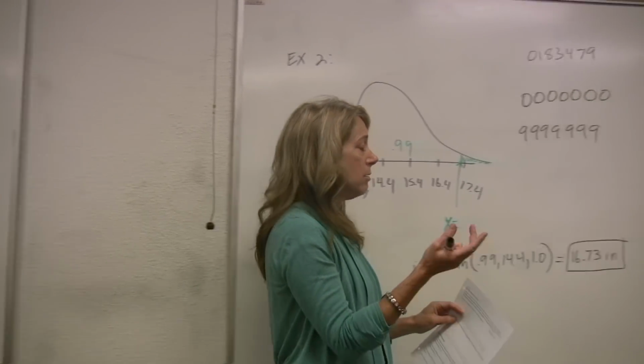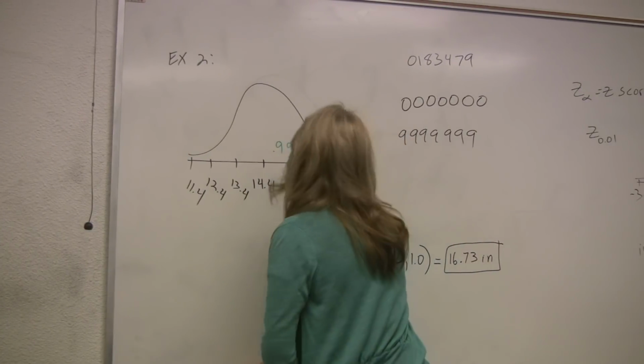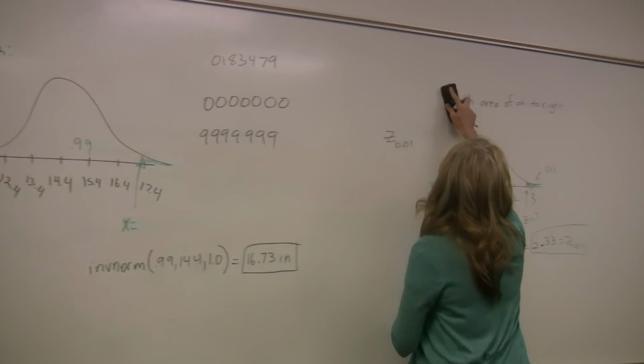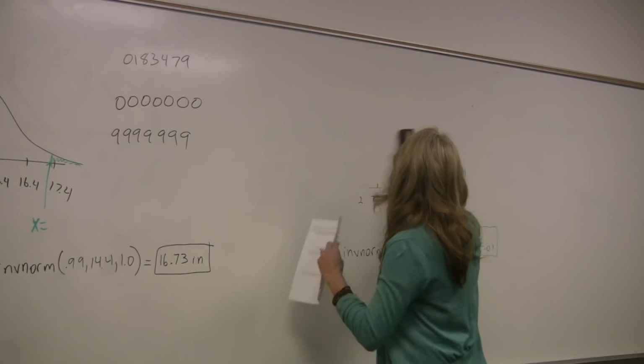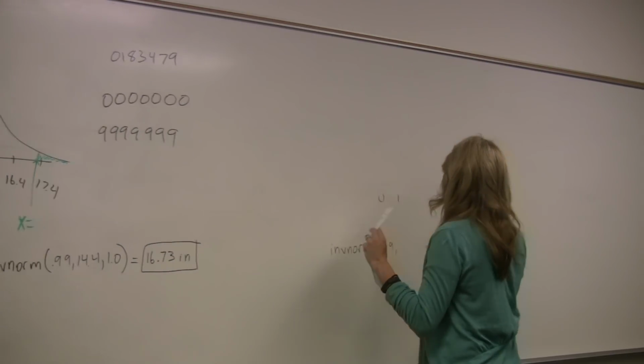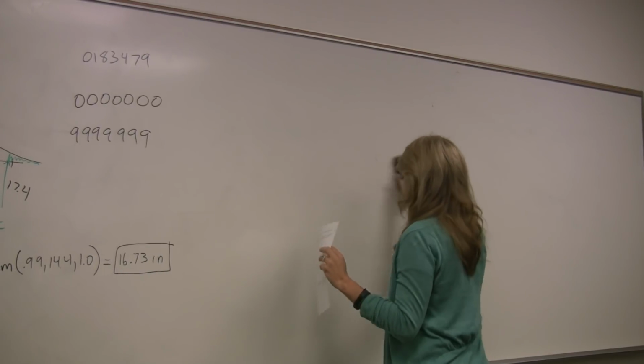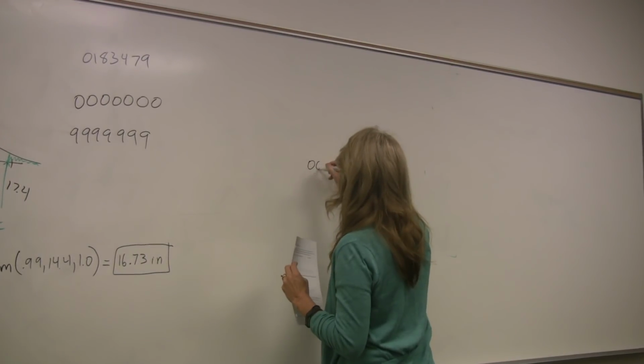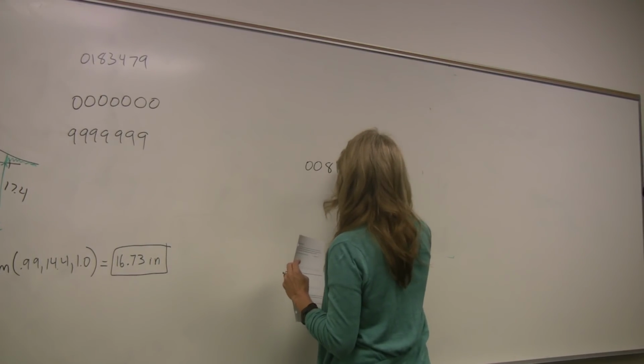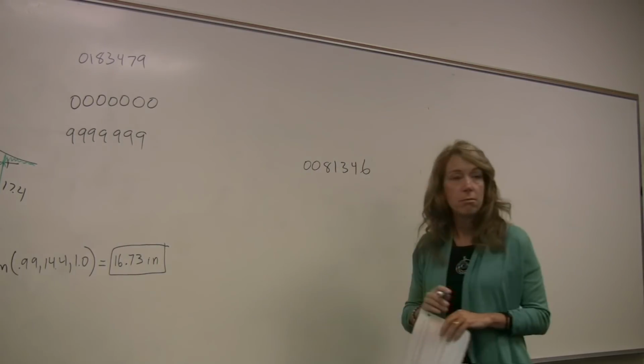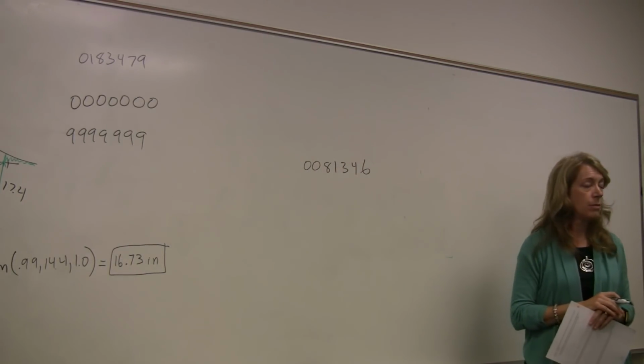So if I took, let's just make up a student ID number. I don't want to pick anybody's because then we're all going to go check out their grades and who knows what else. So there's somebody that has a student ID number of 00813446. This particular person.